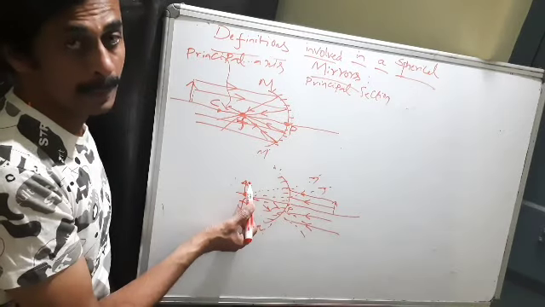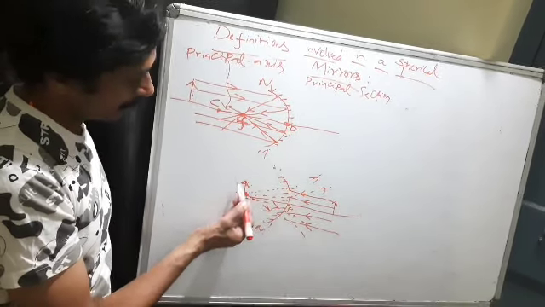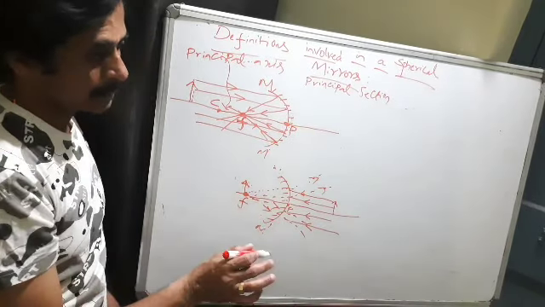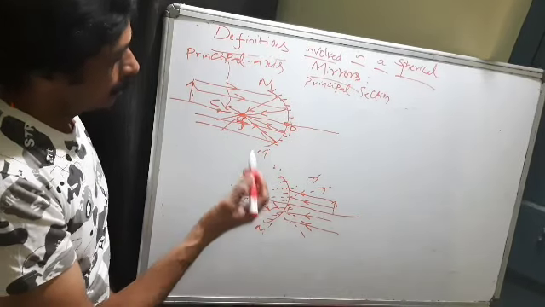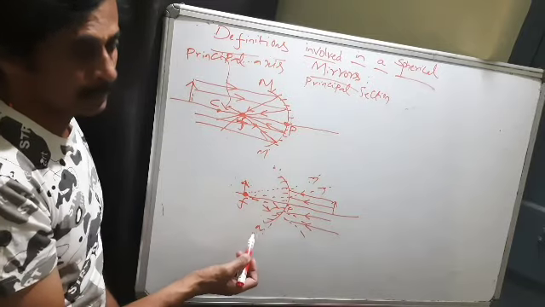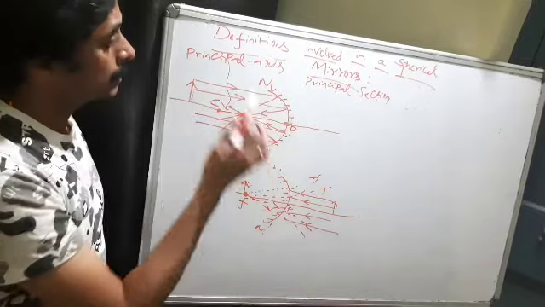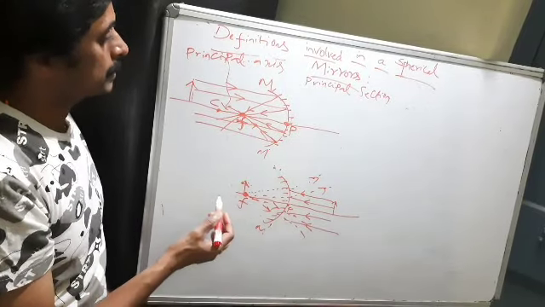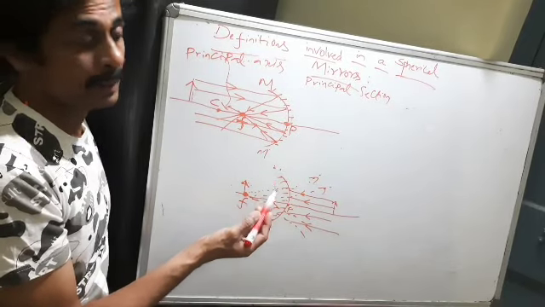In convex mirror, we will get the virtual image at the backside of the mirror. You will have this virtual image, and it's an erect one like this. So this is image formation in case of convex mirror. In this video I tried to explain basic definitions in case of spherical mirrors.